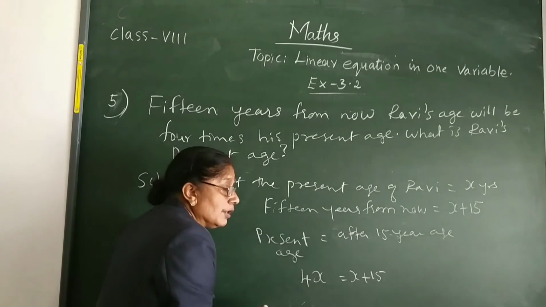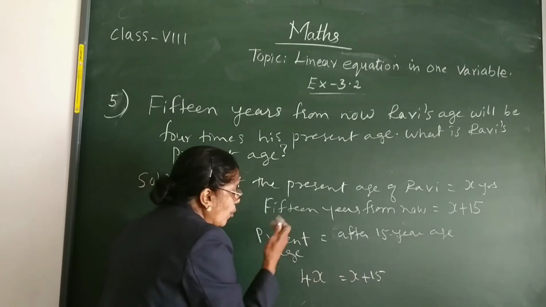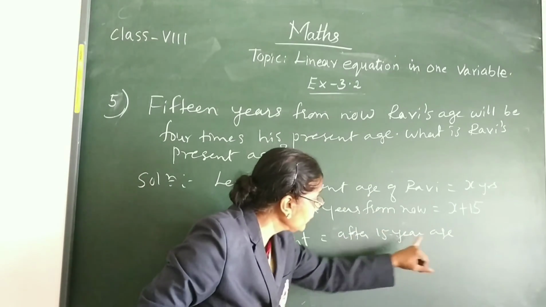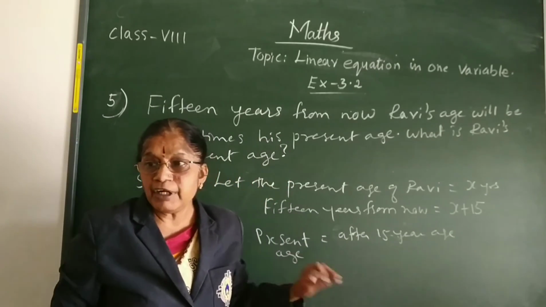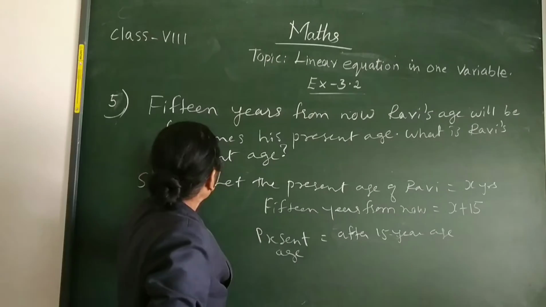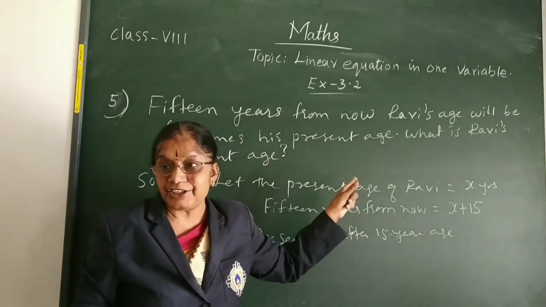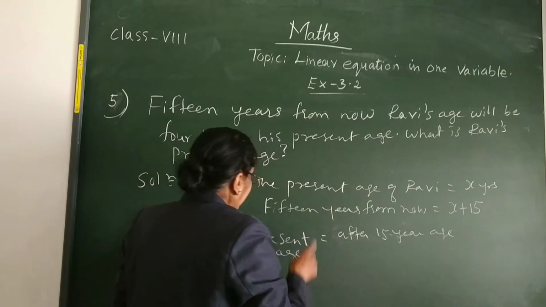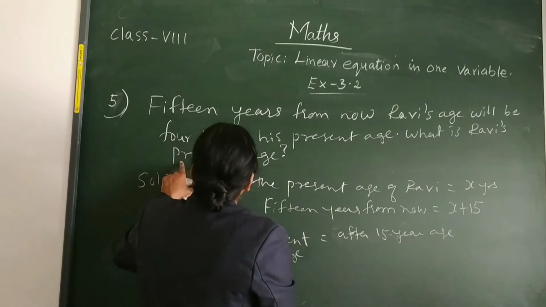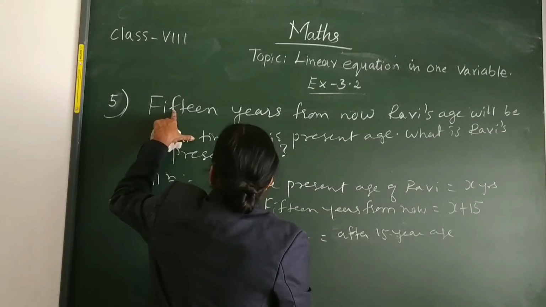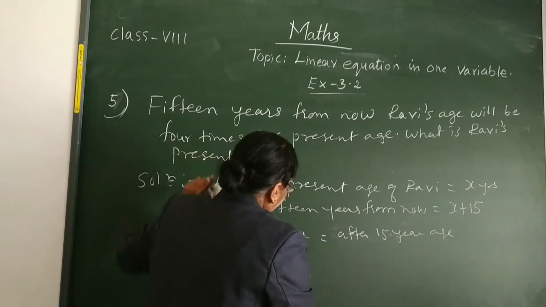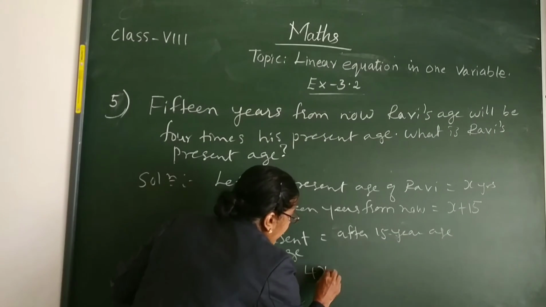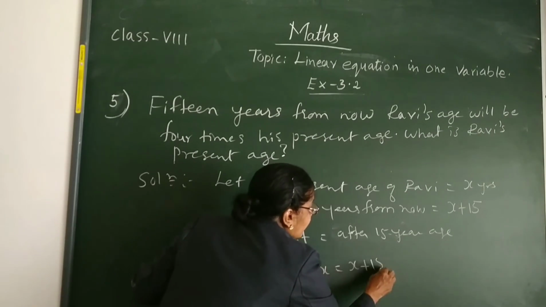We have to transpose. The age after 15 years will be 4 times his present age. So 4 into x is equal to x plus 15.